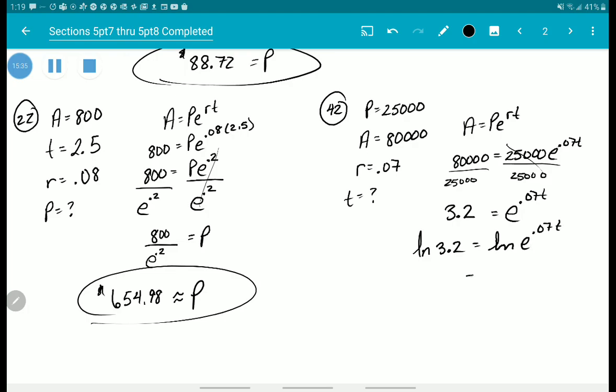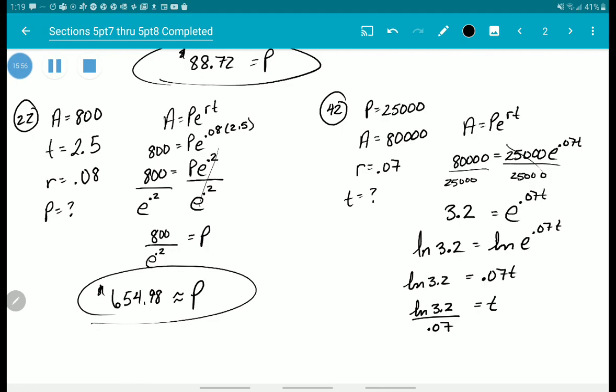And the ln of e is going to cancel, so we have 0.07t. The ln of 3.2 is not a very nice number, so I'm just going to leave the exact value. So to get t by itself, we're going to divide by that 0.07. So there's our exact answer.